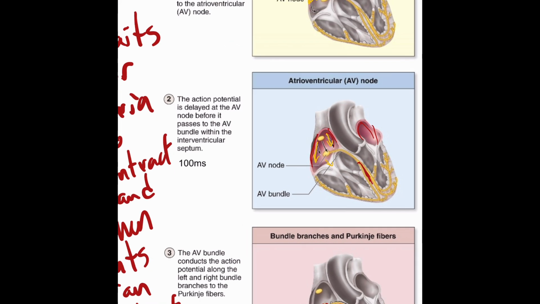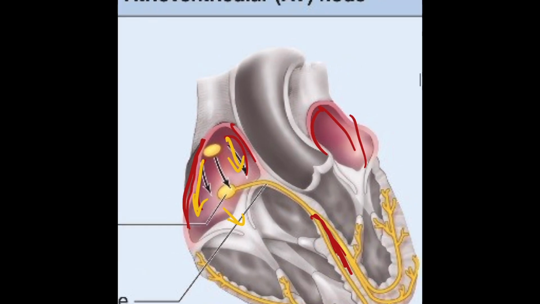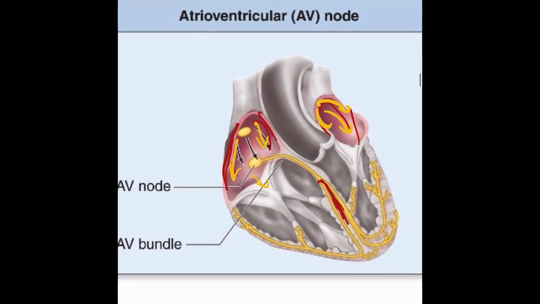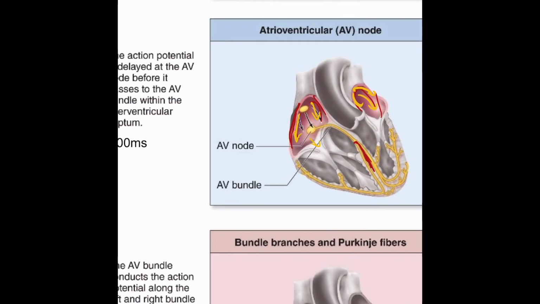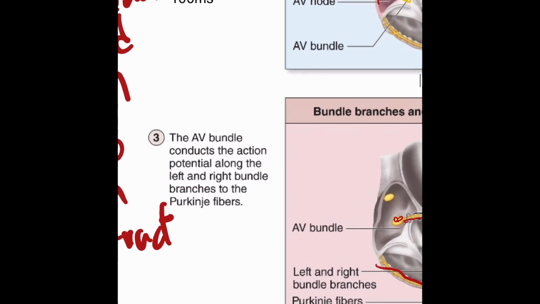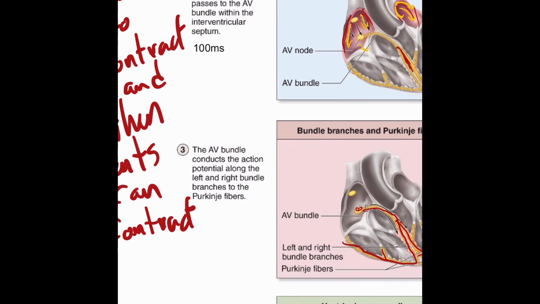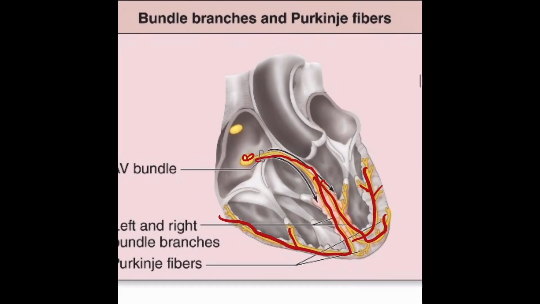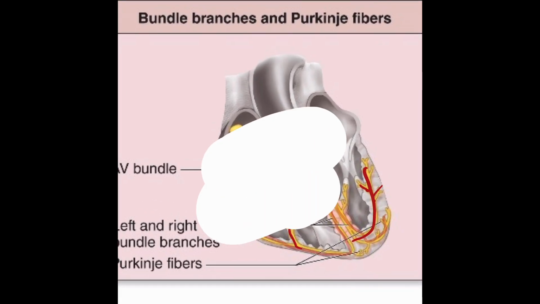so politely, just waits, and the signals, again, propagating from the SA node, will go across the whole atrium, both right and left, and then the AV bundle conducts the action potential along the left and right bundle branches to the Purkinje fibers. So erase this.